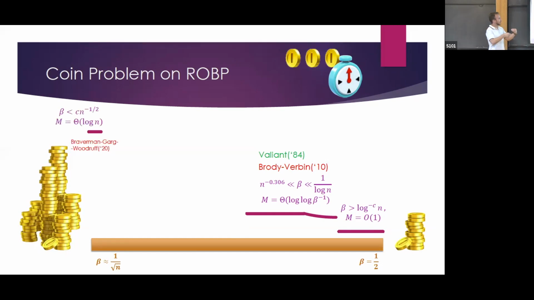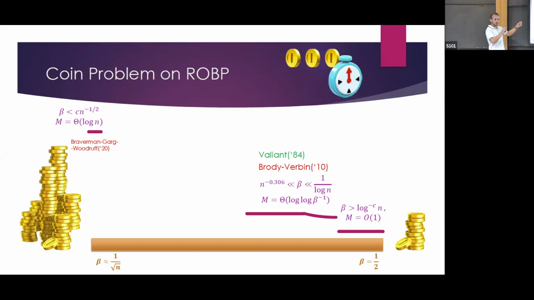Something that is quite recent by Braverman, Garg, and Woodruff from just a year ago is that majority does need a logarithmic amount of bits. If you want to exactly compute majority, you do need to count, you need to have the memory to count. And they also showed, and this is not difficult, that if beta is very, very small, if it is smaller than a small constant over root n, the two problems are equivalent.